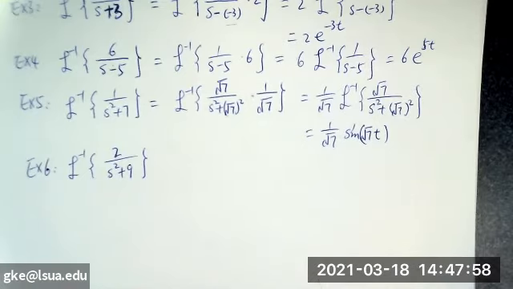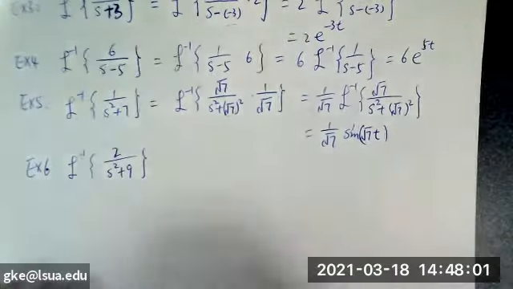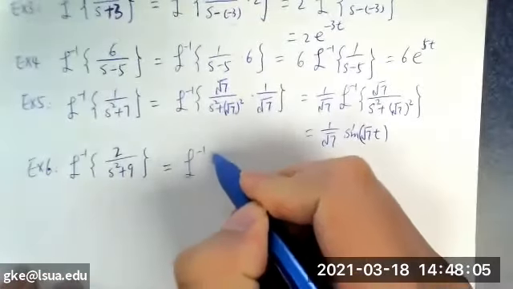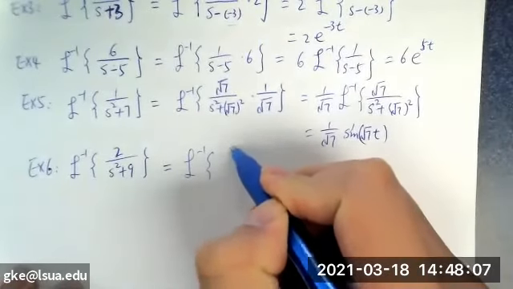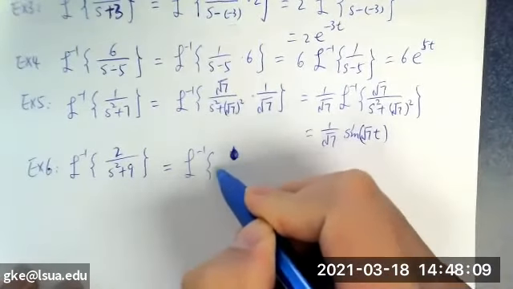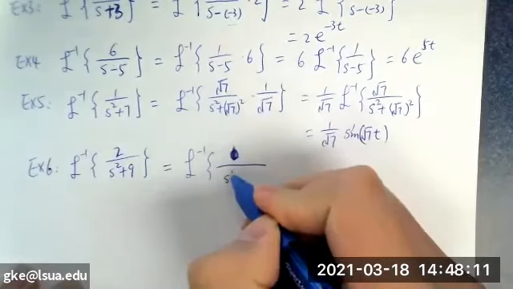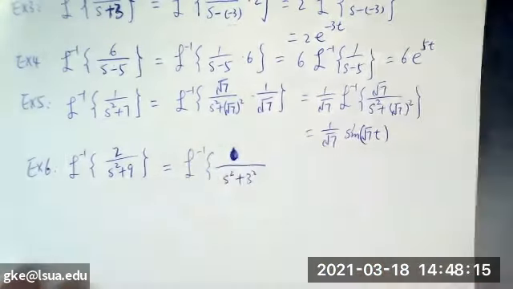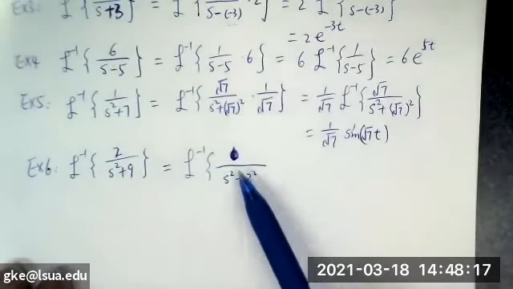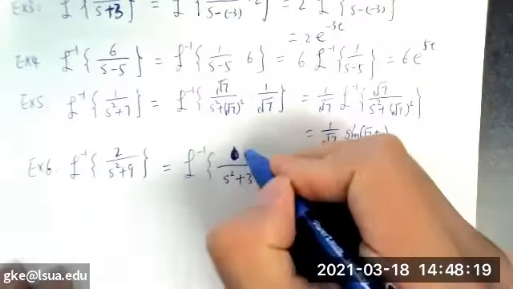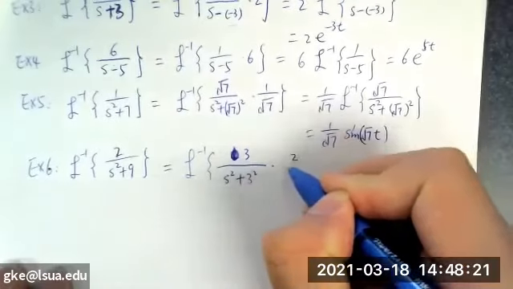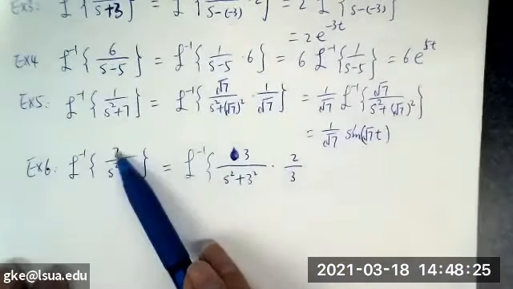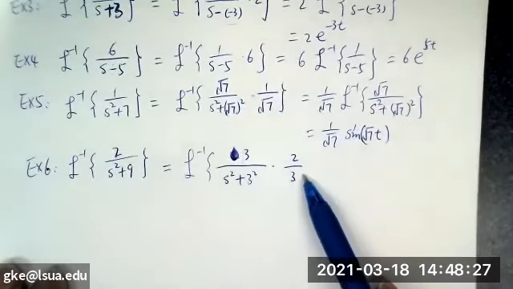Okay, let me write down the answer. Again, for this case, the denominator is 3 squared, so k should be 3. Then you're gonna have 2 over 3, because initially we have the 2, and then here 3 we divided by 3.